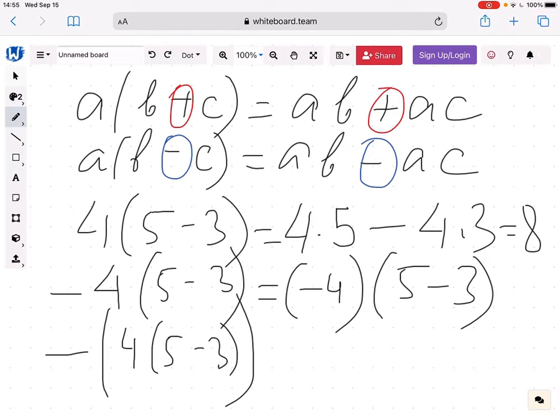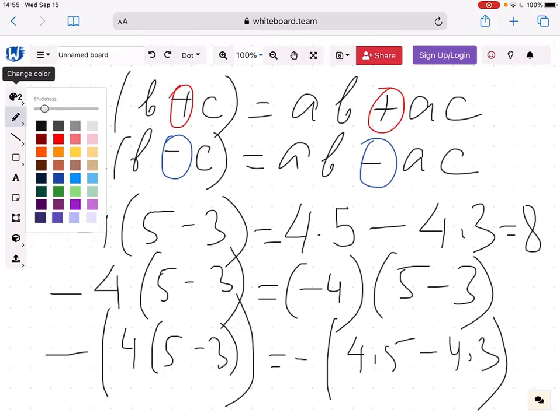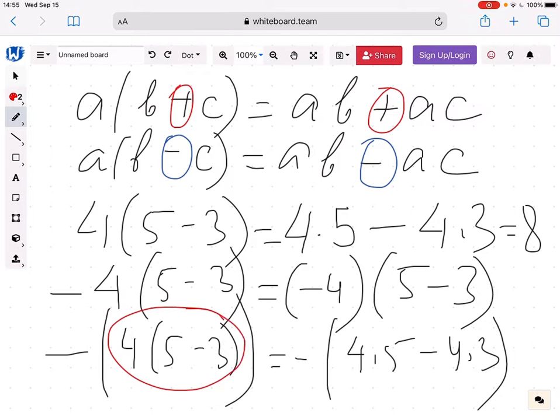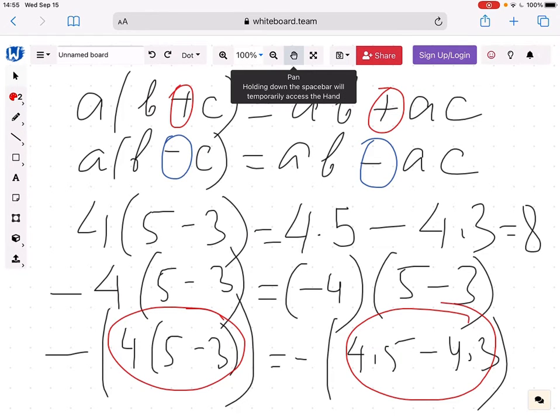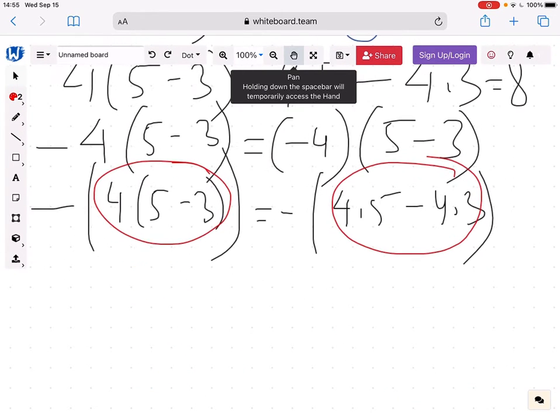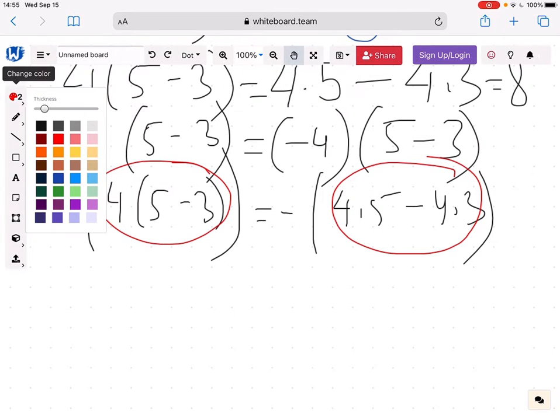If you do this, again, we will get minus, big parentheses, 4 times 5 minus 4 times 3. So first things first, we deal with this, and that gives us this. And now what we want to do is add that minus that sits in front of it.